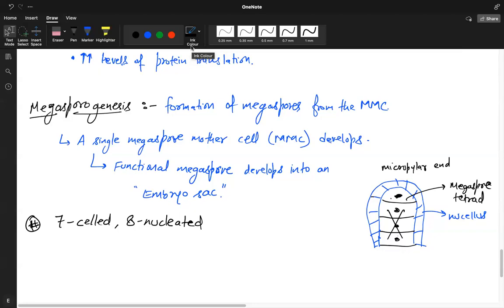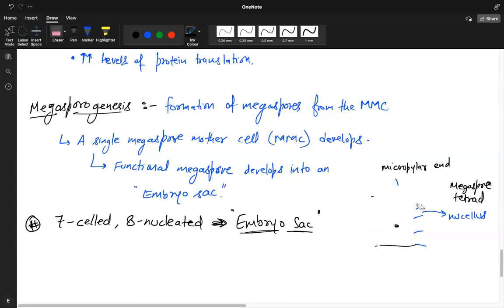So this is known as monosporic development. Mono means single, sporic, so it's coming from a single cell. Ultimately, the embryo sac in the angiosperms is a 7-celled, 8-nucleated structure. I'm deleting this part here so that there's no confusion about the structure. This was just to tell you.